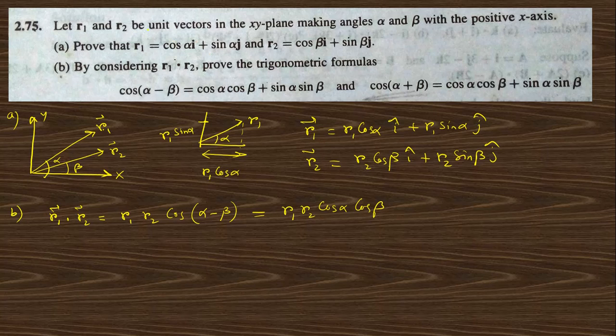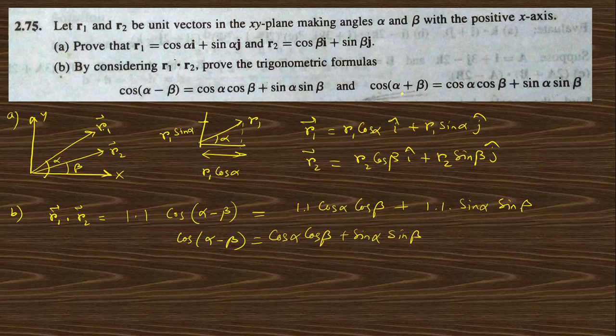These are unit vectors, so R1 R2 is 1, and for the j terms this is also 1, sin alpha sin beta. So cos(alpha minus beta) is cos alpha cos beta plus sin alpha sin beta, and this is the proof.